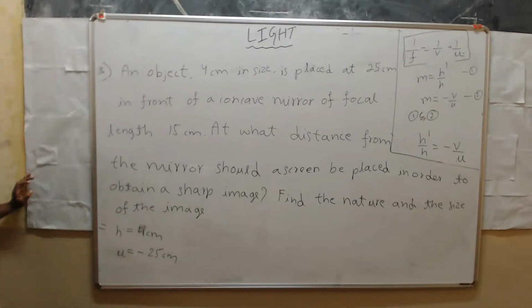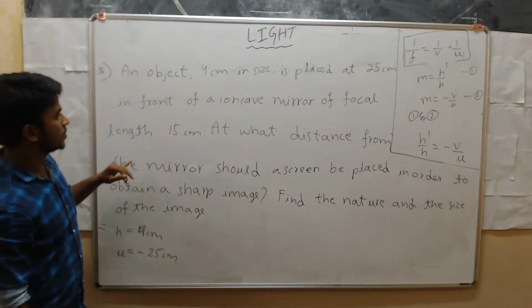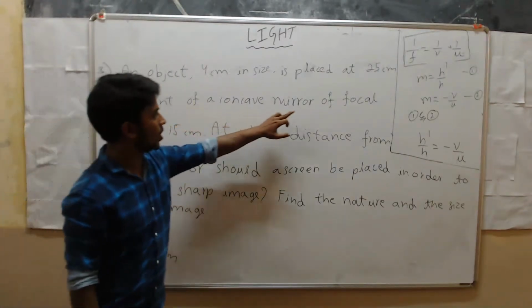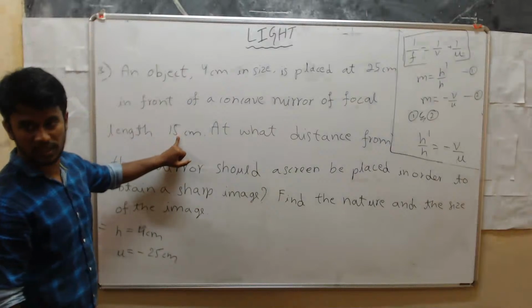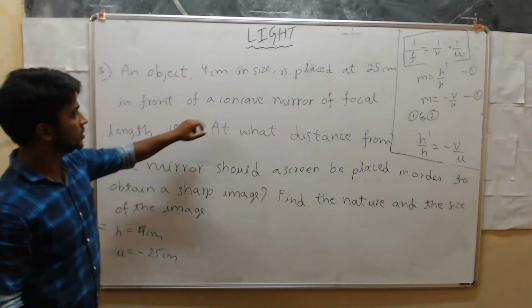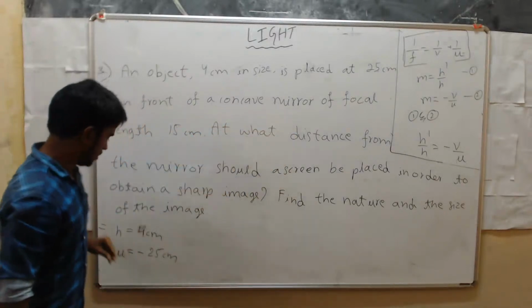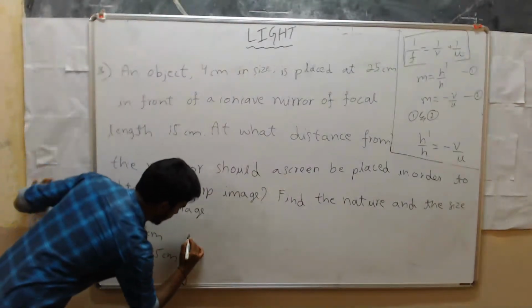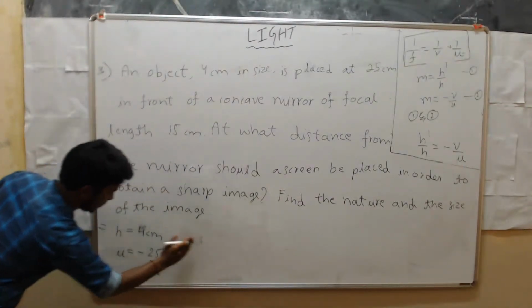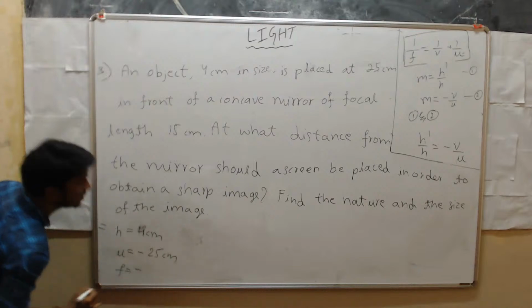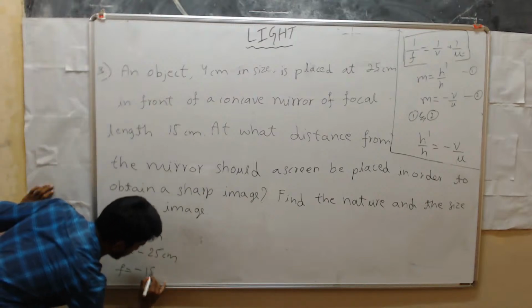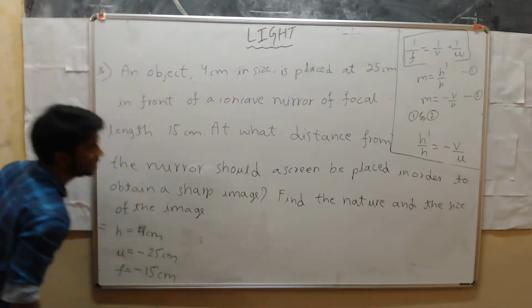Next, a concave mirror of focal length 15 centimeter. Which mirror here? This is a concave mirror, so we should write the focal length f is equal to minus 15 centimeter.